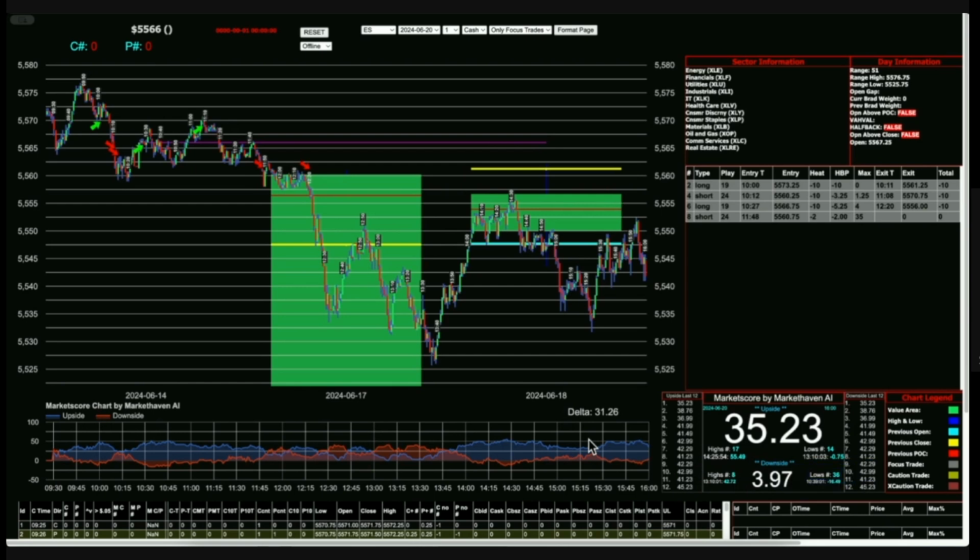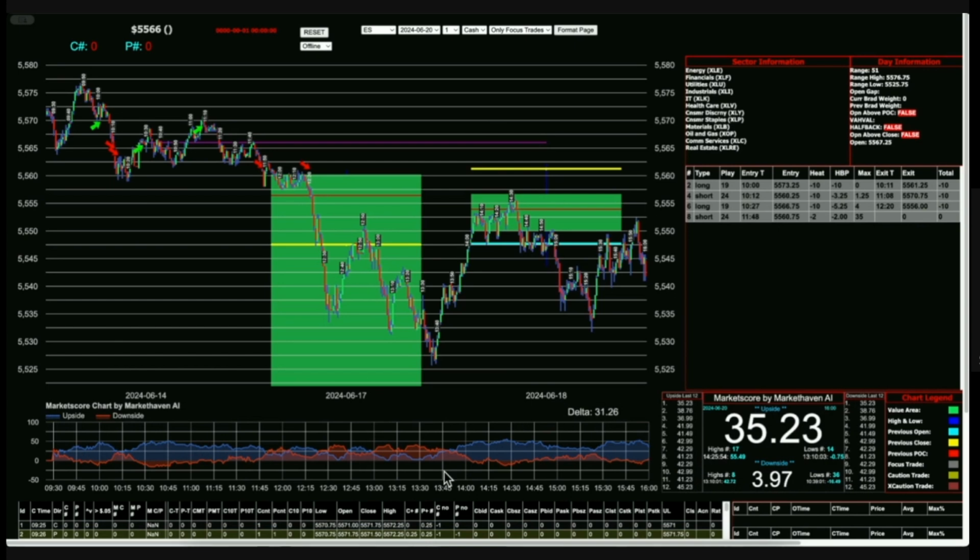What's interesting is in the overnight on this day, the market runs up 28 points in the Globex session. And of course, it doesn't happen exactly that way every time, but what I'm trying to tell you is the pressure that you see in Marketscore does not always equate to it immediately turning into the actual outcome of that day.